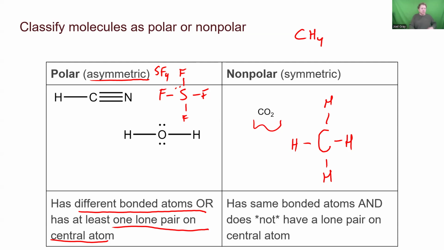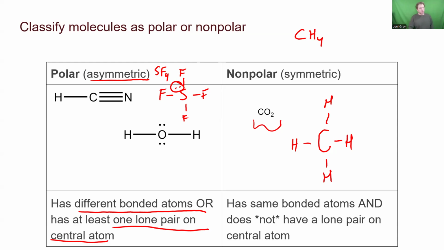You might be tempted to say SF4 is the same thing just by virtue of it having 5 total atoms, but you would not classify them the same. SF4 has a lone pair of electrons, and by having that lone pair, it is an asymmetric molecule, it is a polar molecule.